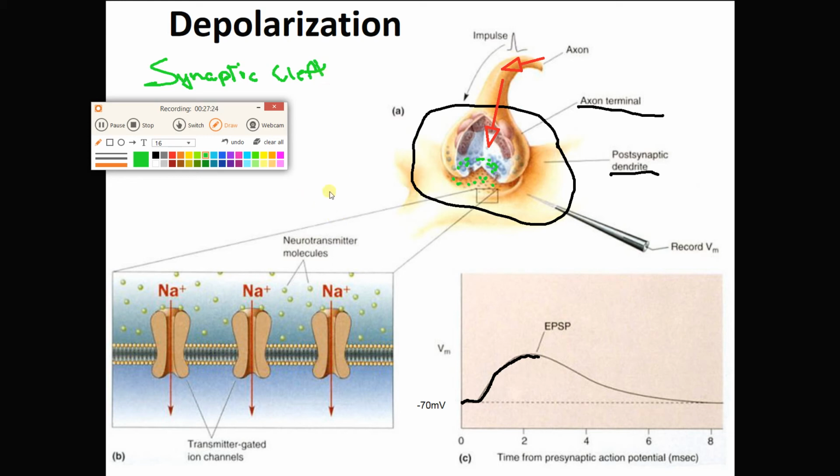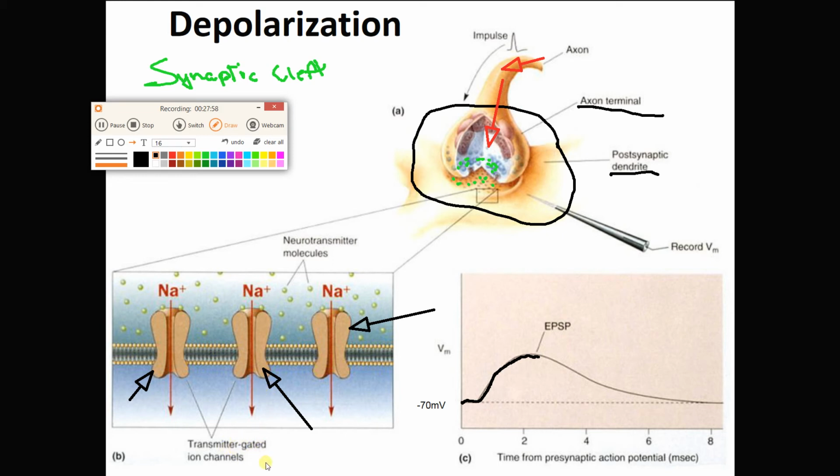Those neurotransmitters, when they're released from the axon terminal, are going to diffuse to our dendrite, and they are going to bind to these ion channels. These are in the plasma membrane of the dendrite at that synapse, and these ion channels are said to be transmitter gated.